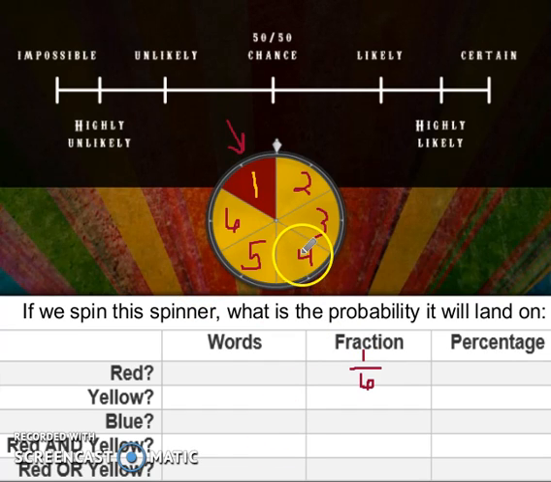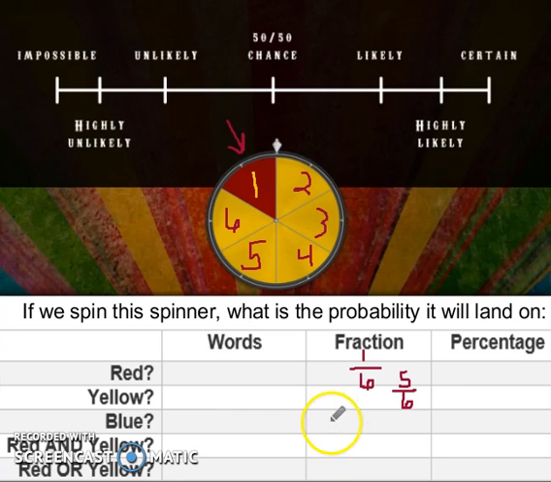Now let's think about yellow. Again, there are 6 pieces, so I know that my denominator is 6. It's out of how many possibilities, and I know that 1, 2, 3, 4, 5 of them are yellow. So my chances of getting yellow are a lot greater, and the probability is 5 out of 6. How about blue?